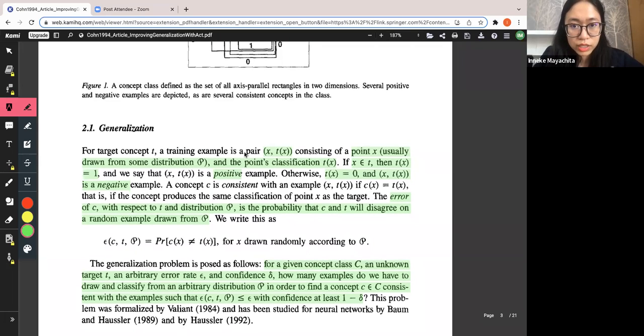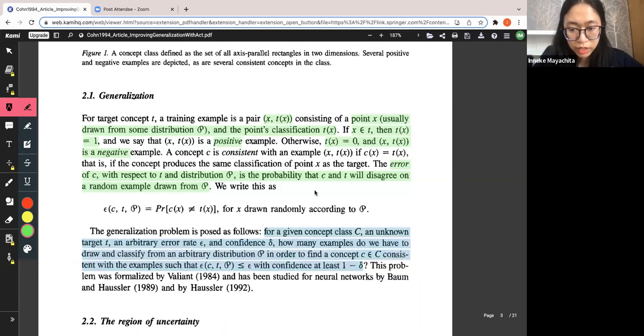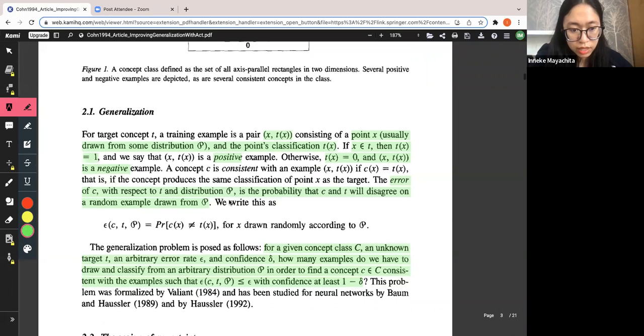And the goal of this problem is that, basically, we want to find a concept that has the lowest error compared to the unknown target or the ground truth. In other words, we want to find the area in the hidden representations that best describes the examples.